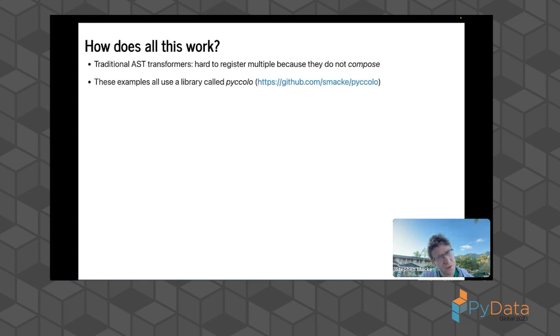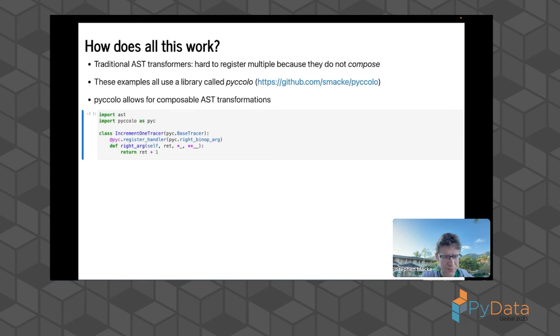So to combat this, these examples all use a library called Piccolo. And what Piccolo allows you to do is have composable AST transformations. So I can register multiple transformers in a way that they won't conflict with each other. So let's just take a quick example. So this particular transformer, what is it doing?